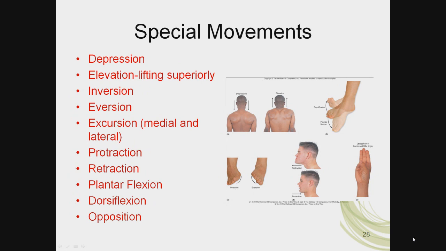But as soon as she learns what boobs can do for her in her life, she will no longer protract, but instead she's going to retract and throw her shoulders back and stick her breasts out, because that will get her noticed, right? So with retraction, it is a posterior directed movement from the anatomic position. Again, think of it as pulling the shoulders back to thrust out the chest.